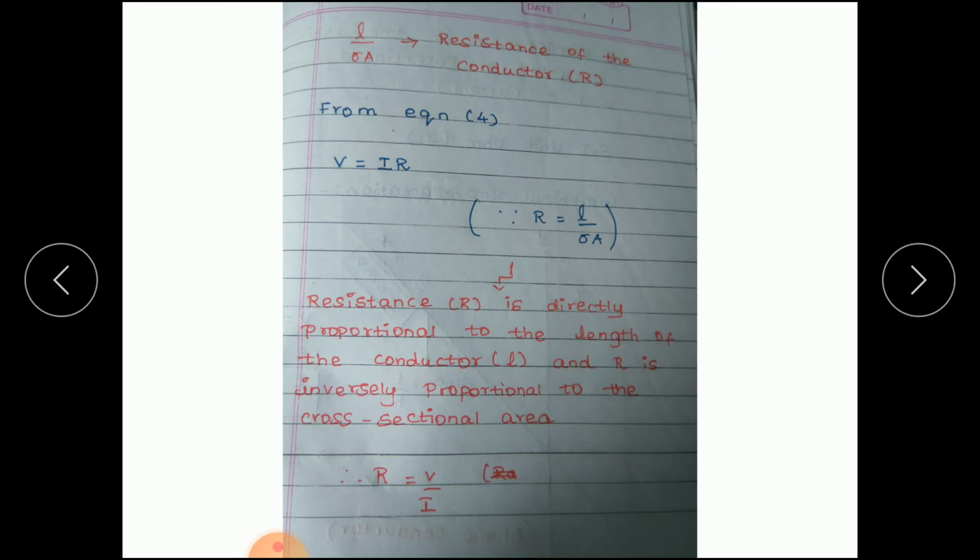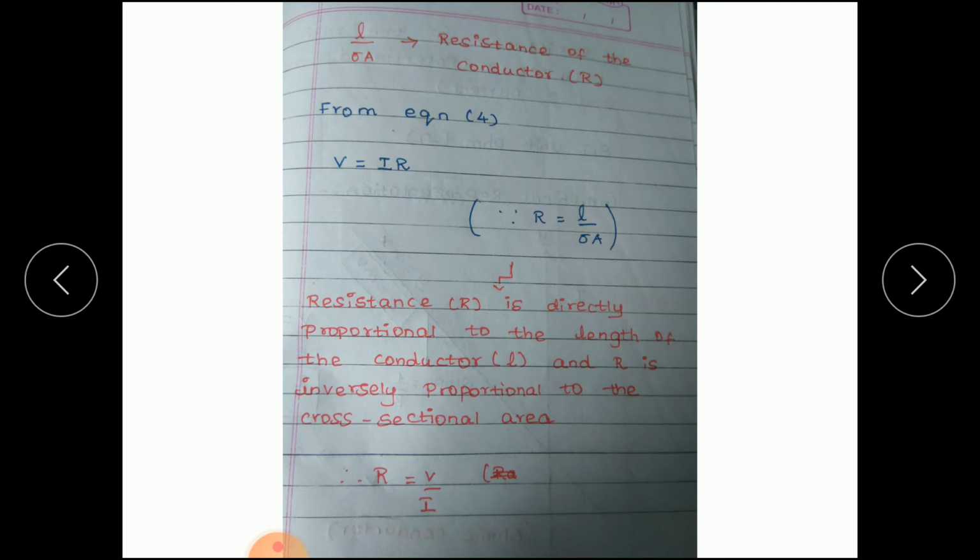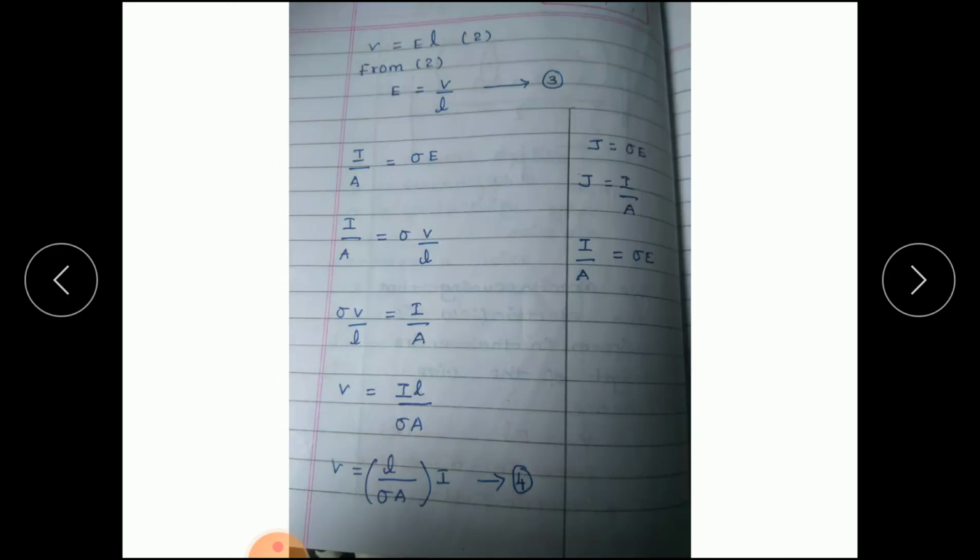Resistance is directly proportional to the length and inversely proportional to the cross sectional area. So instead of L by sigma A, we apply the value R because it's resistance. R, which is resistance, is equal to L by sigma A. We substitute this in equation number 4.